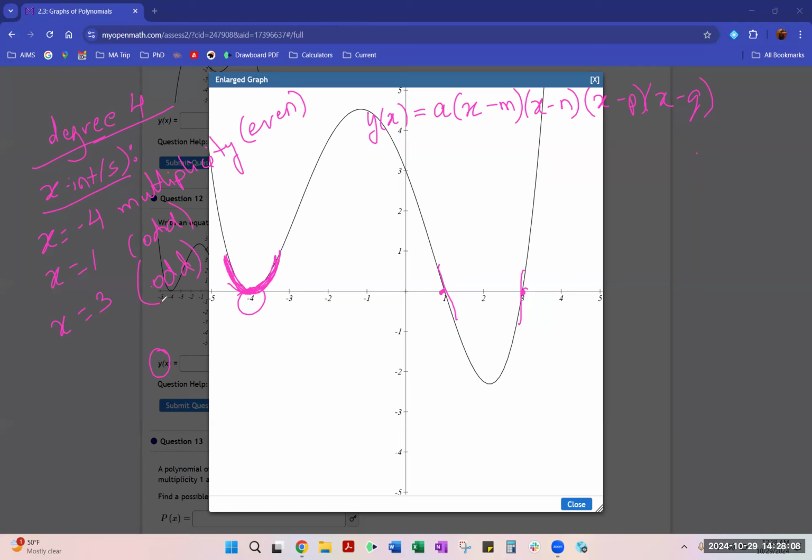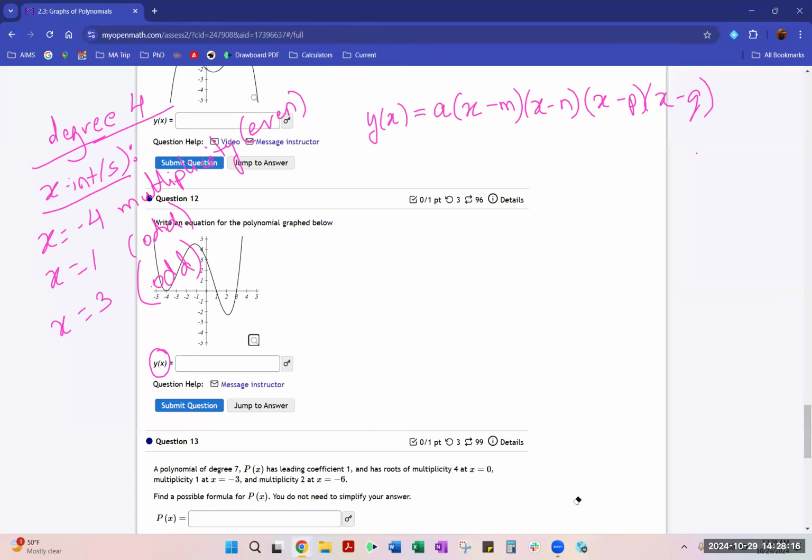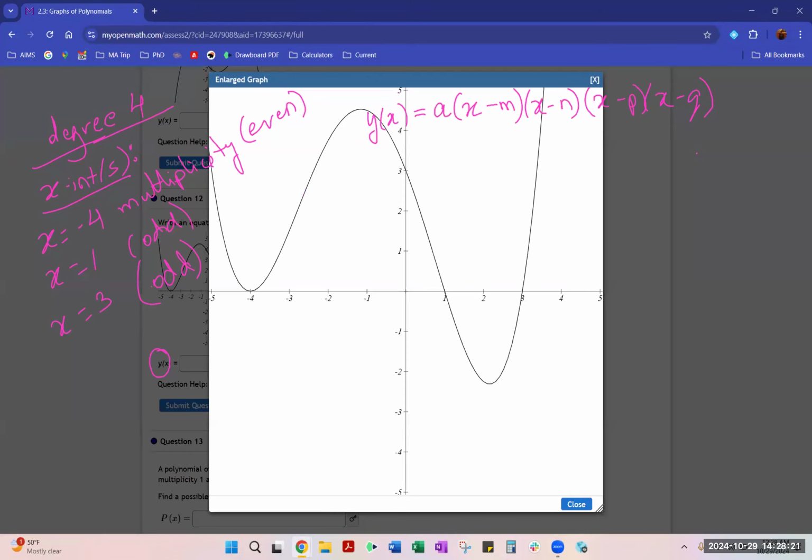Okay, so since we know this is a 4th degree polynomial, that's actually pretty easy to break down then. Let me bring this back up just so we can read. Since we know that x minus 4 has to have a multiplicity which is going to be an even number, that tells you the x minus 4 factor will have a multiplicity of 2, which means it occurs twice.